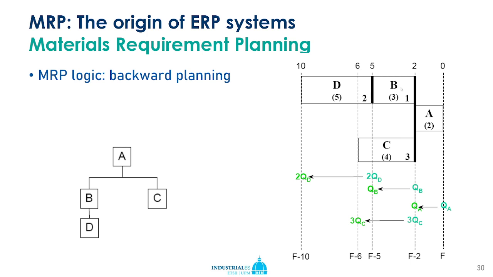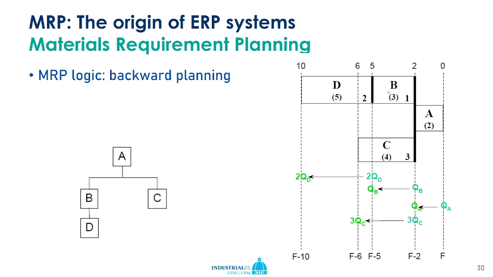And the same goes for component B. If we want to have B ready to be assembled at F-2, and the lead time is 3, we have to get started with B at F-2 minus 3, which is F-5.